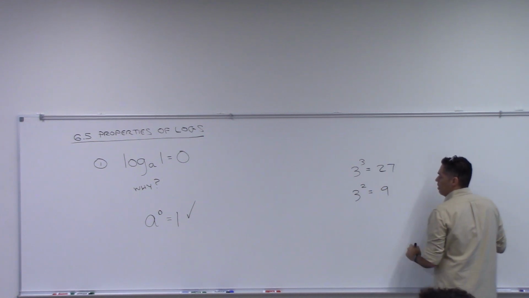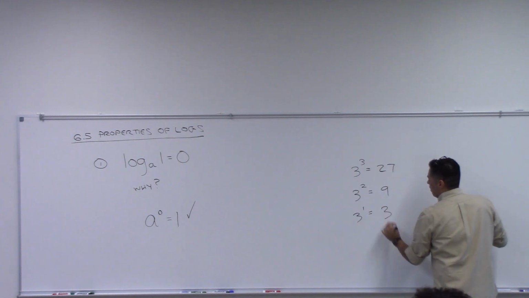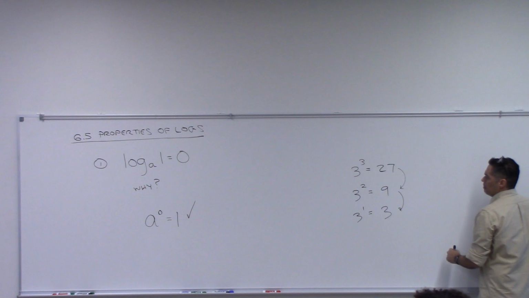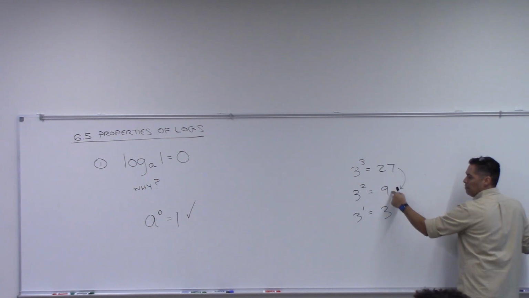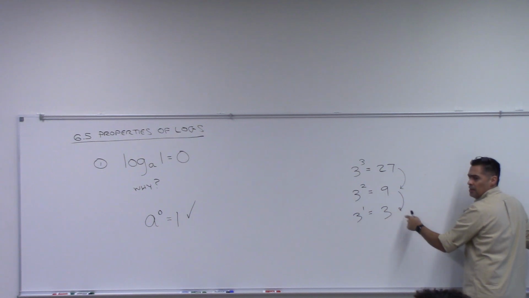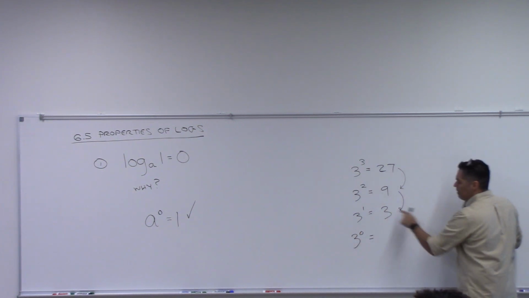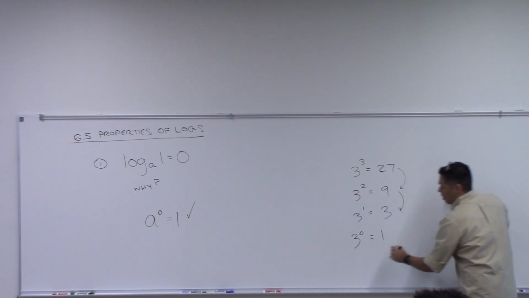What's 3 to the first power? 3. What's happening each time I go down here? I'm dividing it by 3, right? What's 27 divided by 3? 9. What's 9 divided by 3? 3. So logically, the next thing, 3 to the 0, should be that divided by 3, which is 1.